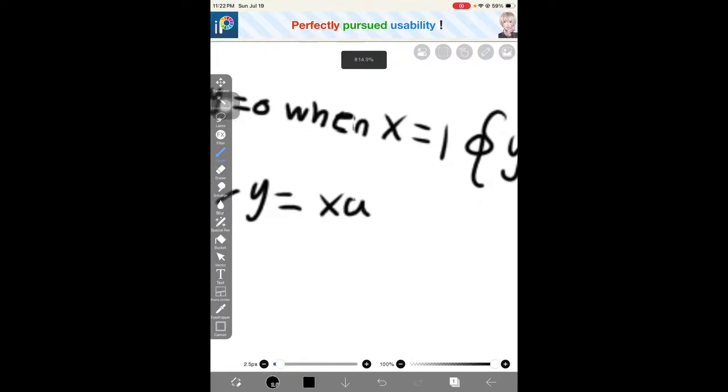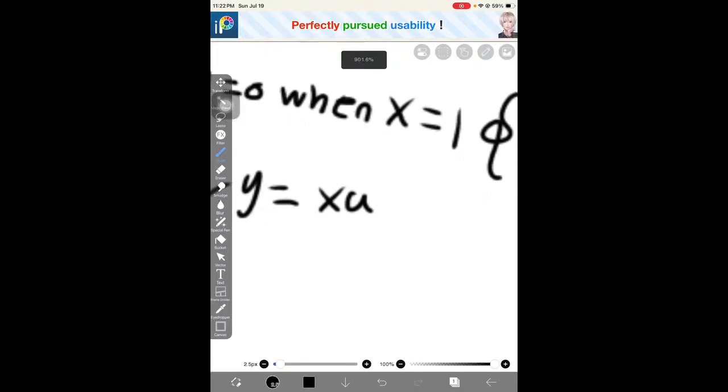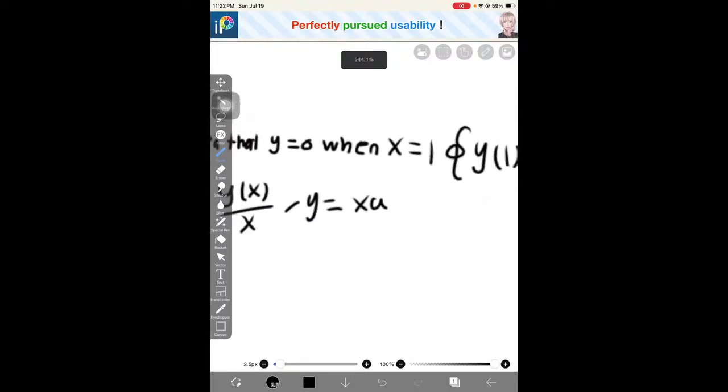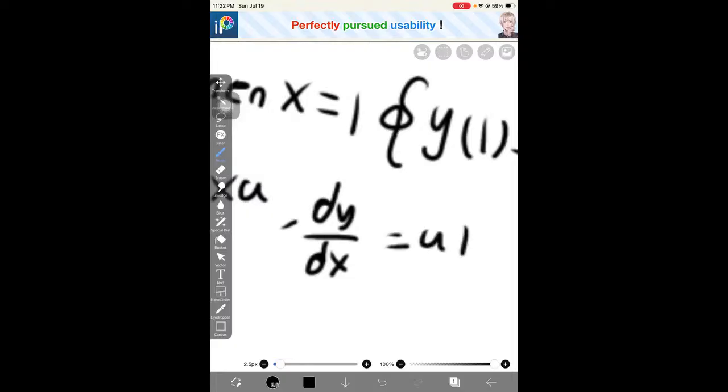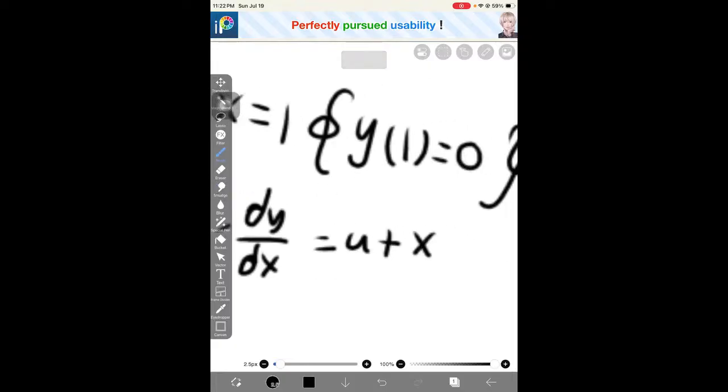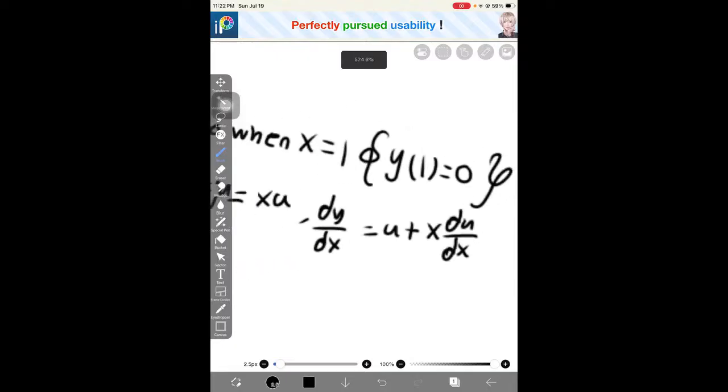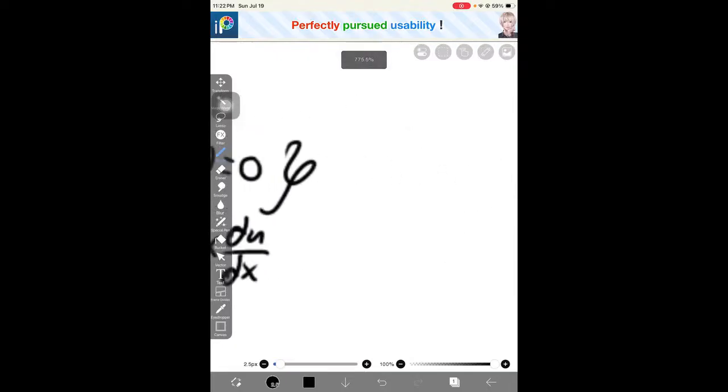Now I want to differentiate. So dy over dx is equal to u plus x du over dx. Then let's substitute that into our equation.